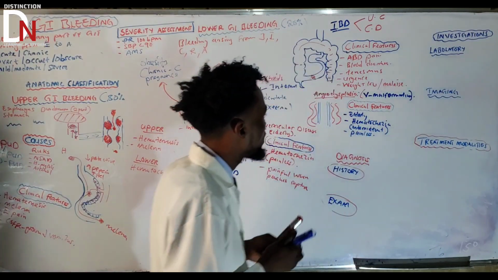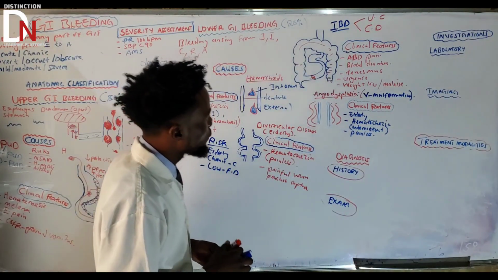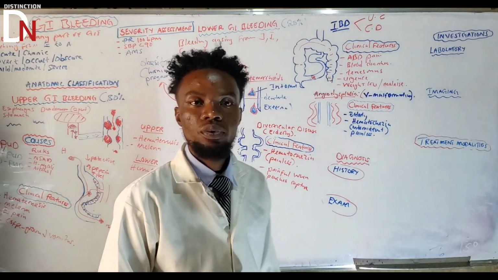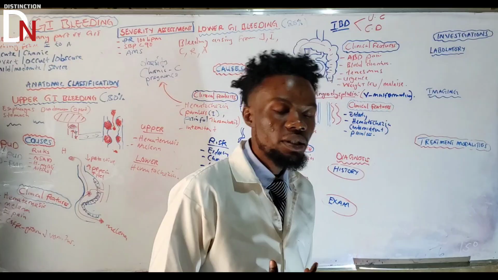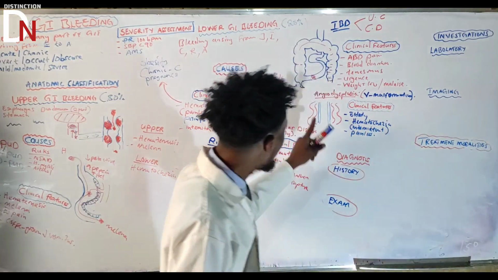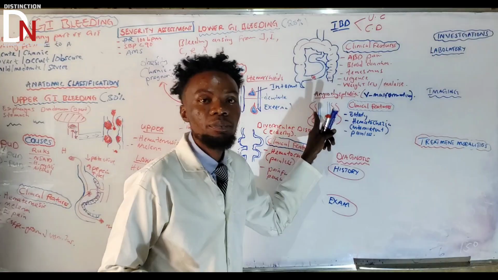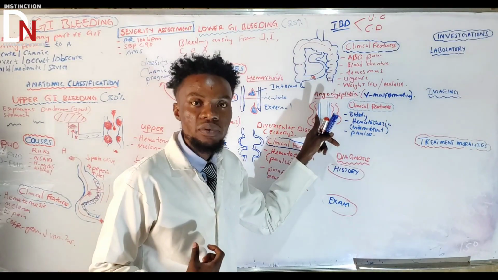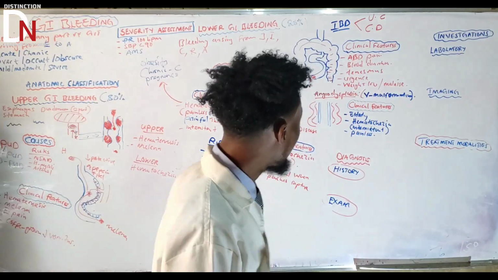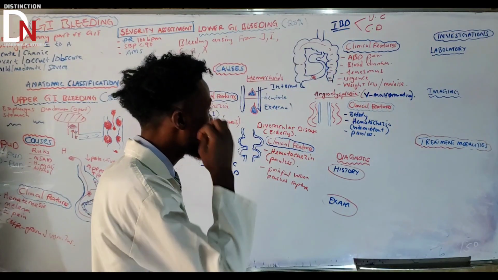Very, very important points to take note of. Remember that sometimes this angiodysplasia can also have massive hematochezia. If these blood vessels rupture severely, they are going to cause severe bleeding.